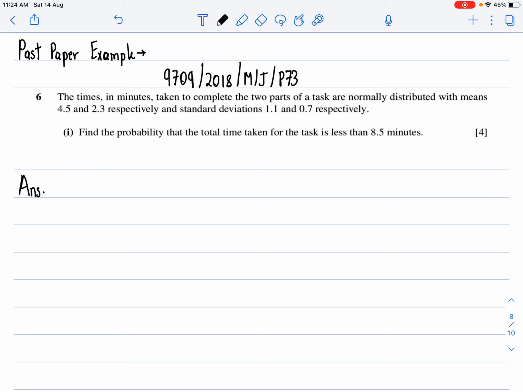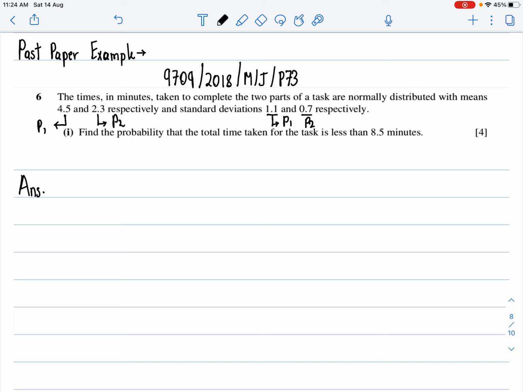Now the question is: the times in minutes taken to complete two parts of a task are normally distributed with means, this is the mean for part 1, this is the mean for part 2, and standard deviation, this is the standard deviation of part 1 and this is the standard deviation of part 2 respectively. Find the probability that the total time taken for the task is less than 8.5 minutes.